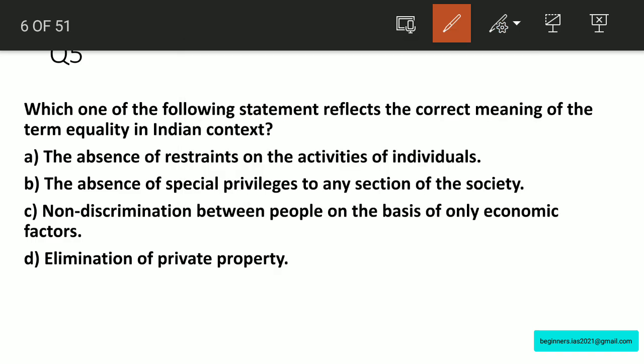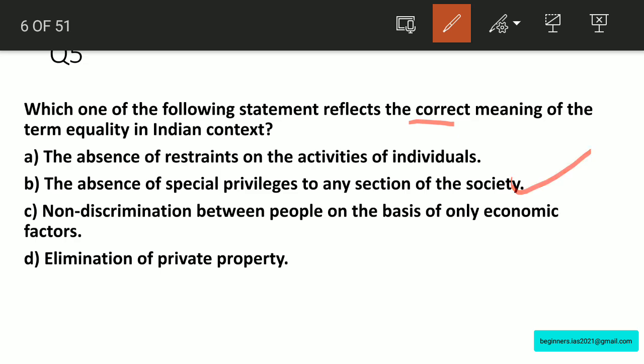Here we have to identify the correct statement. Which of the following statements reflects the correct meaning of the term equality in Indian context? See, we have to find out the reflex of equality. It is straightforward: the absence of special privileges to any section of the society.